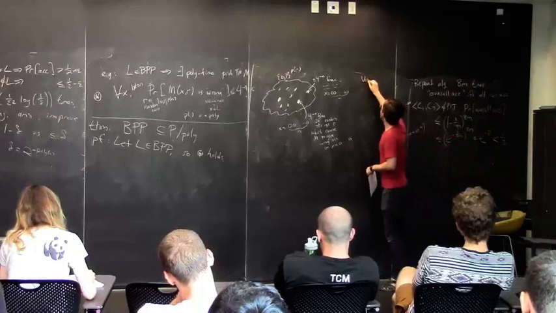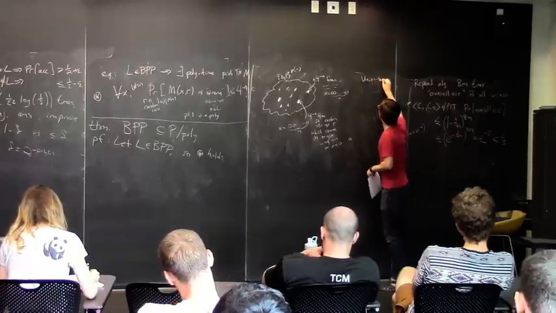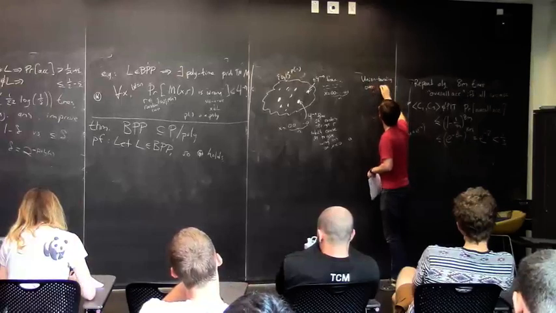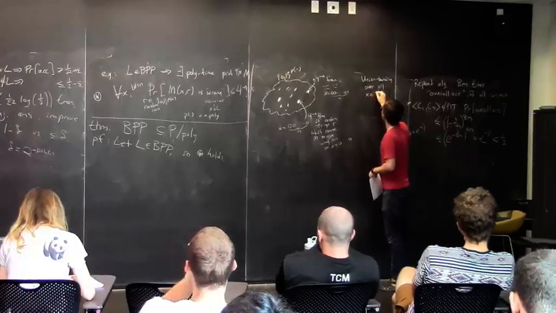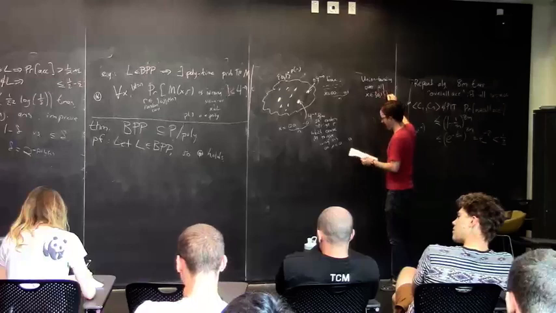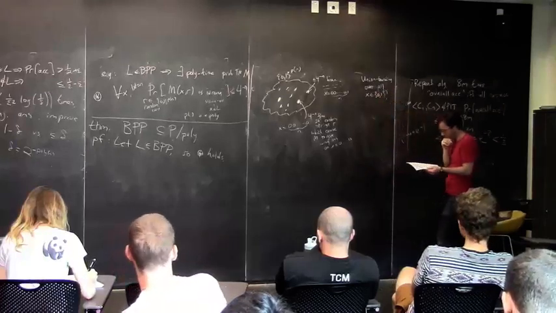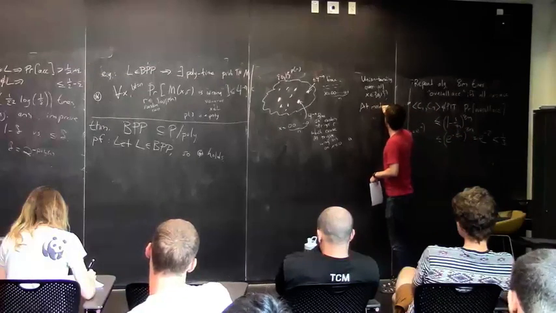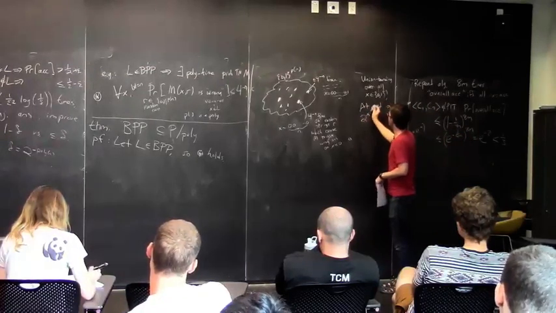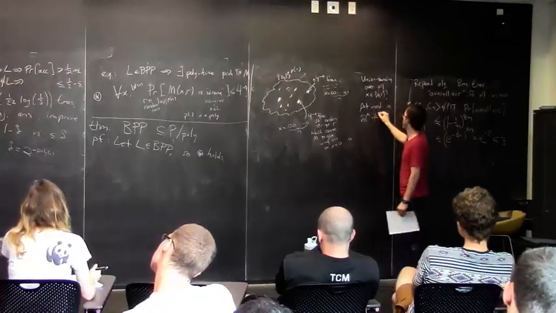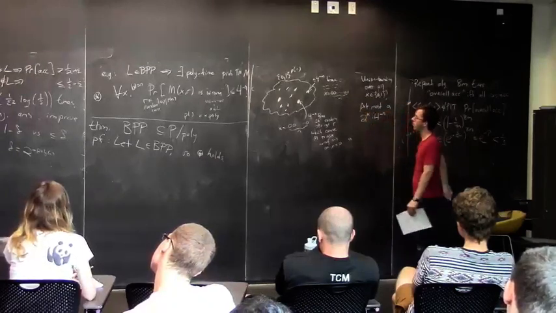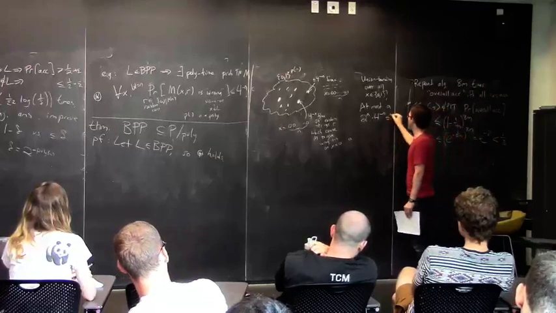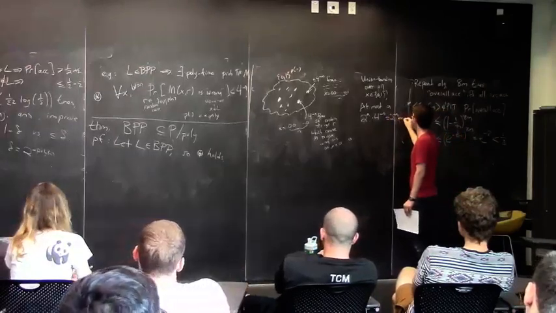So union bounding over all x in {0,1}^n, what do we get? Well, at most 2 to the n, that's the number of strings we're union bounding over, times 4 to the minus n, that's the fraction of these random strings R that are bad for that string, which is still at most 2 to the minus n, which is much, much, much less than 1.